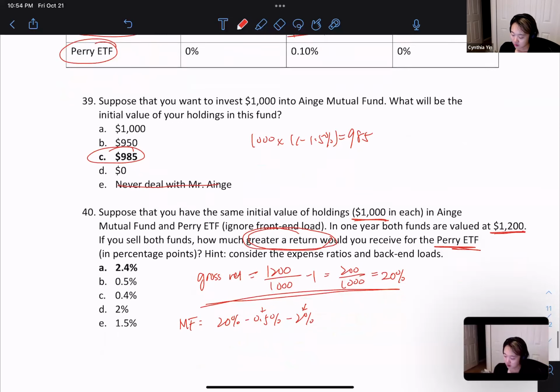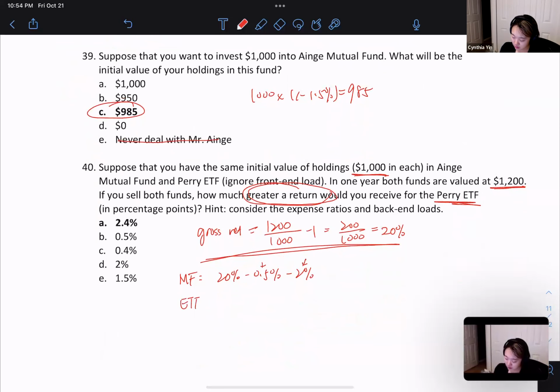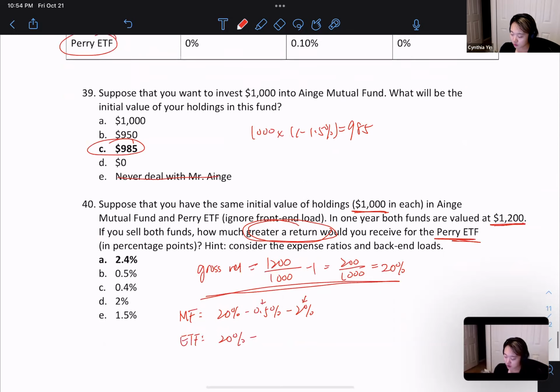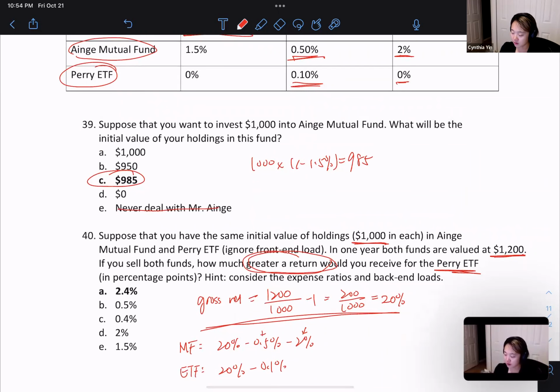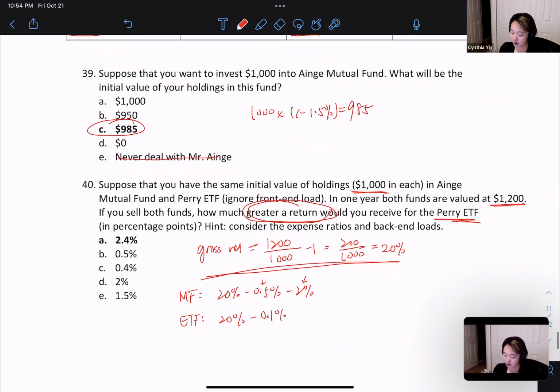And for the ETF, you earn 20% minus 0.1% expense ratio, and you don't need to pay the exit fee. So how much greater a return would you receive for the ETF? It's basically 0.5% plus 2% minus 0.1%, so it's 2.4%. So the ETF is higher than the mutual fund by 2.4%. Okay.